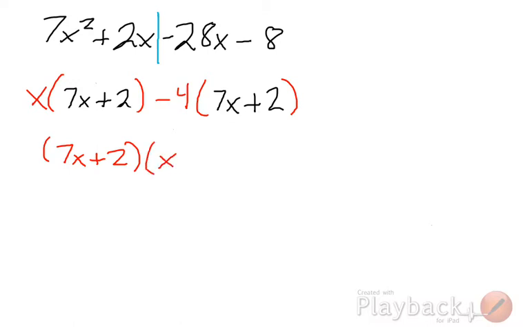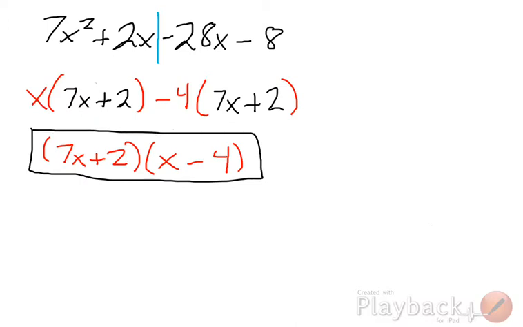And this will be our final answer. You could always go back and check and use your FOIL or the distributive property to see if it comes back to our original problem. And as you see, it does check out.